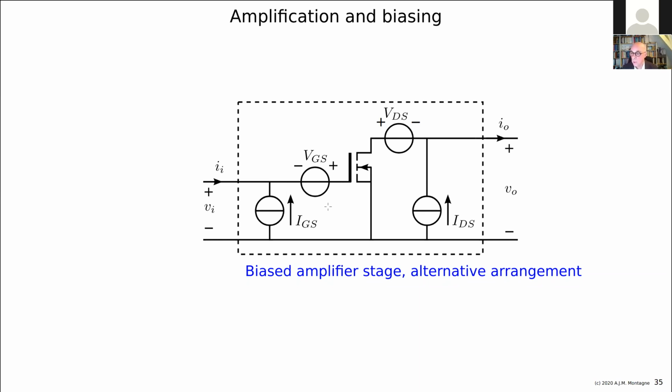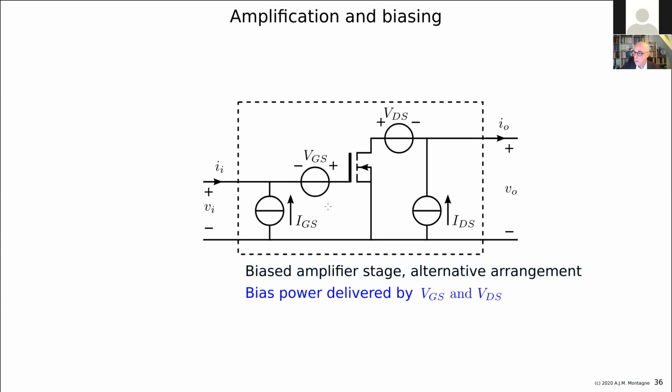And the same you could say for VDS. Of course, IDS in practice will be very small, but this has nothing to do with the concept. It's just the numbers. Yes, maybe we can ignore things, but that's something else. It has nothing to do with the concept.